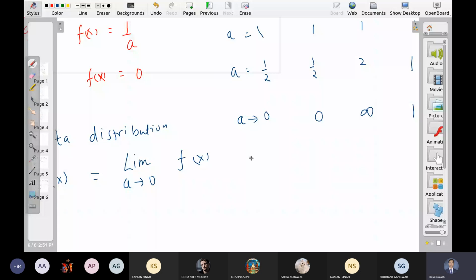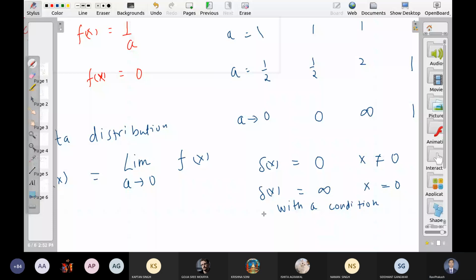It is infinity when x is equal to 0 with a condition. And what is that condition? That area under this curve, area under the Dirac delta distribution, has to be 1.